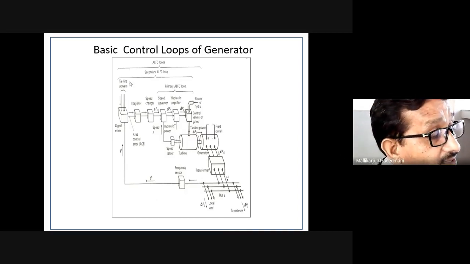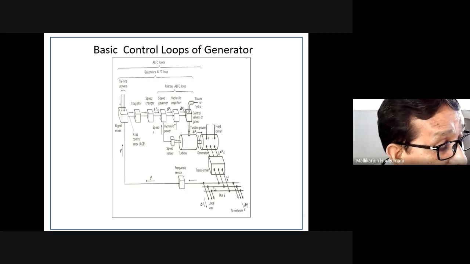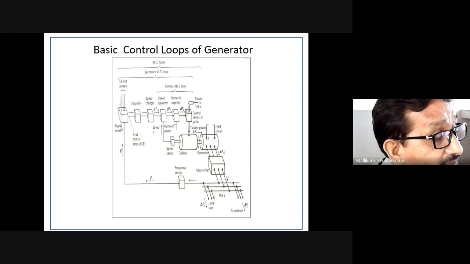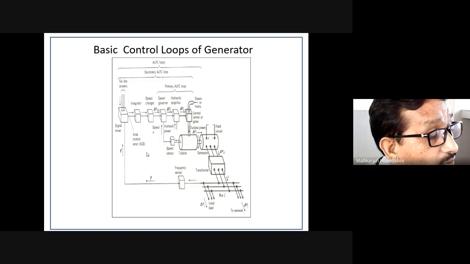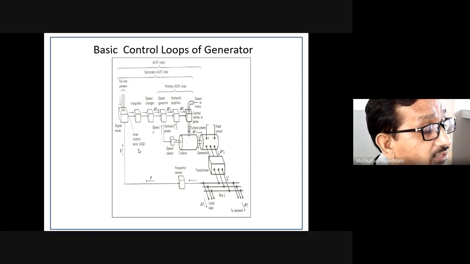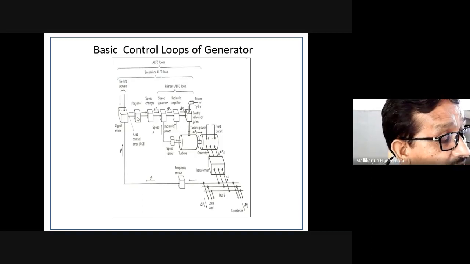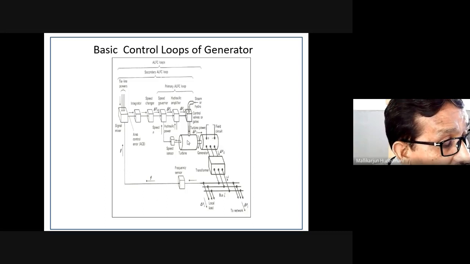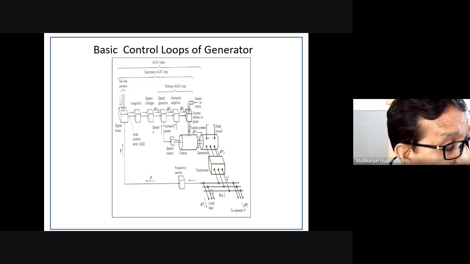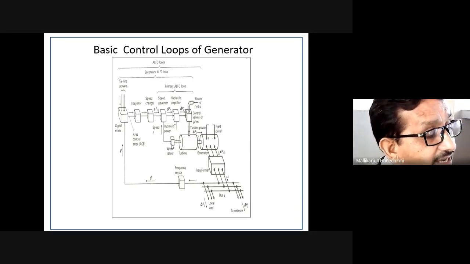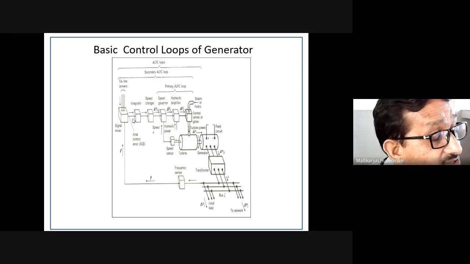That is taken as input, fed as a frequency, and transformed into a control error, the area control error. This control error needs to be 0 all the time. If it is 0, it means the set point of the governor, the valve opening, the frequency reached and the RPM are all at steady state. That is the indication that the system is in steady state.